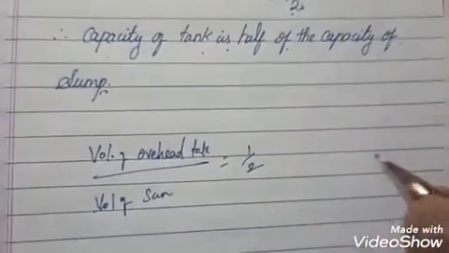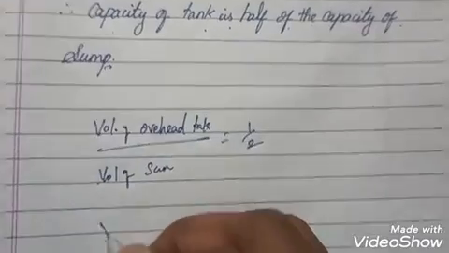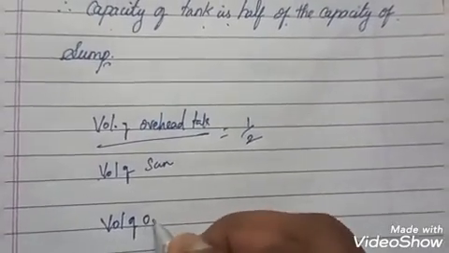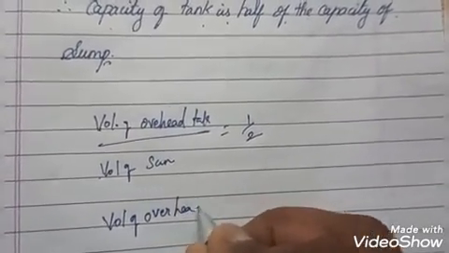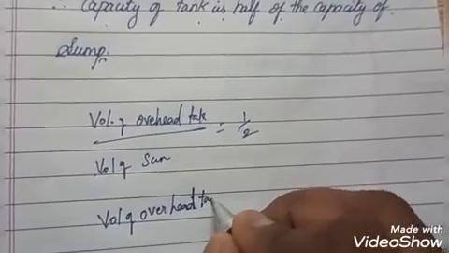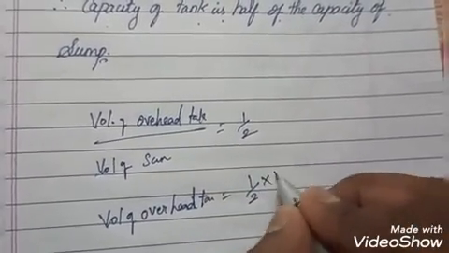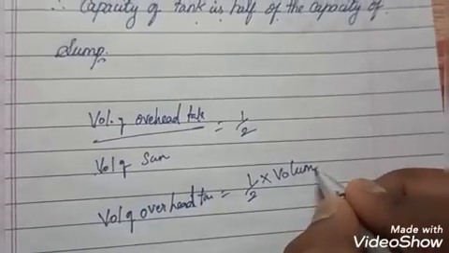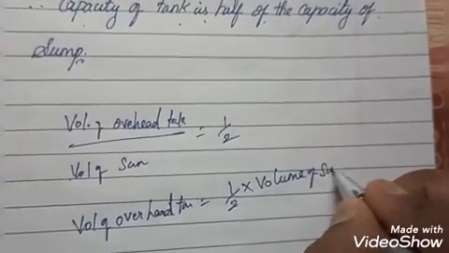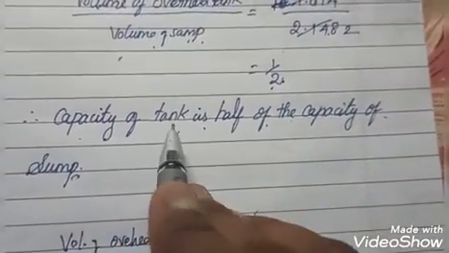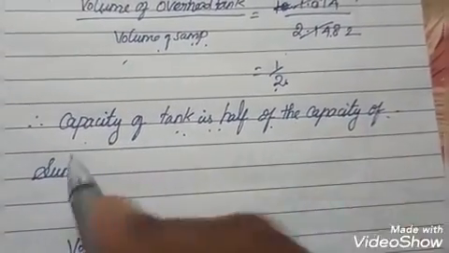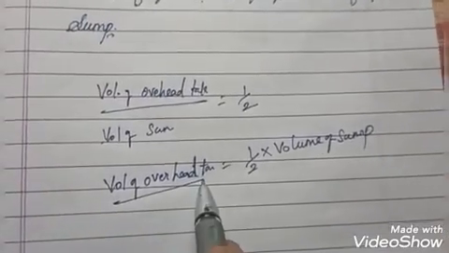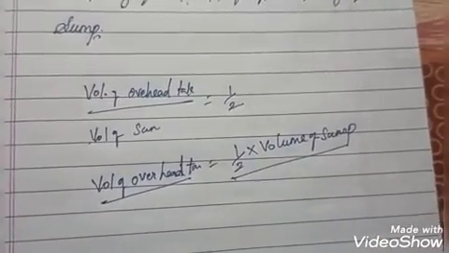You get half. So you can write volume of overhead tank is equal to half into volume of sump. That's why I wrote in the sentence, the capacity of the tank is half of the capacity of the sump.